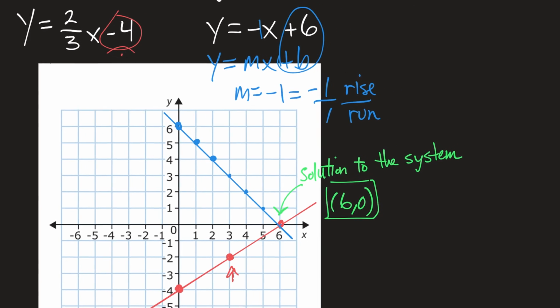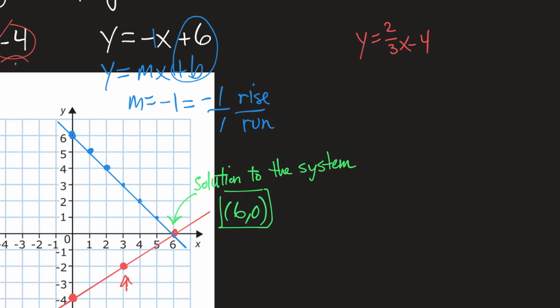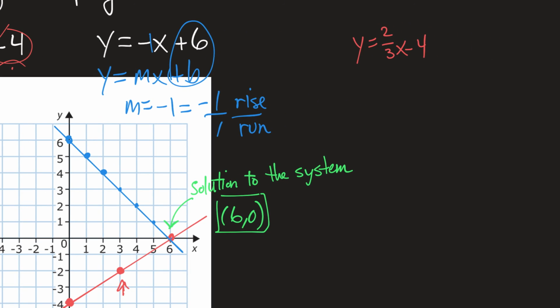Let's look at this here real quick. One equation, I'll do it in red. That was the red line. That was y equals 2/3 x minus 4. And the other one, I'll do in blue, was y equals negative x plus 6. So I'm saying that 6, 0 will work for both of them. Let's go to the red side.